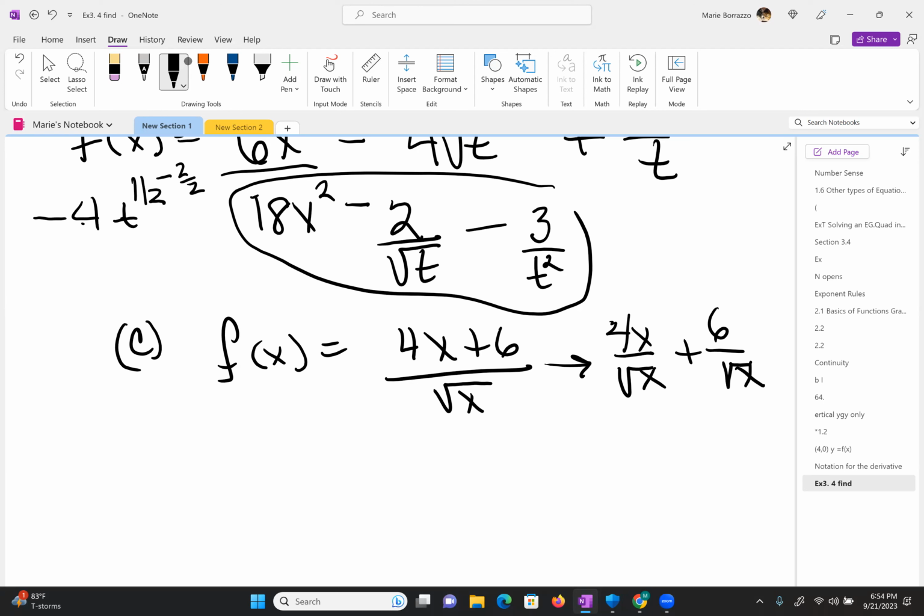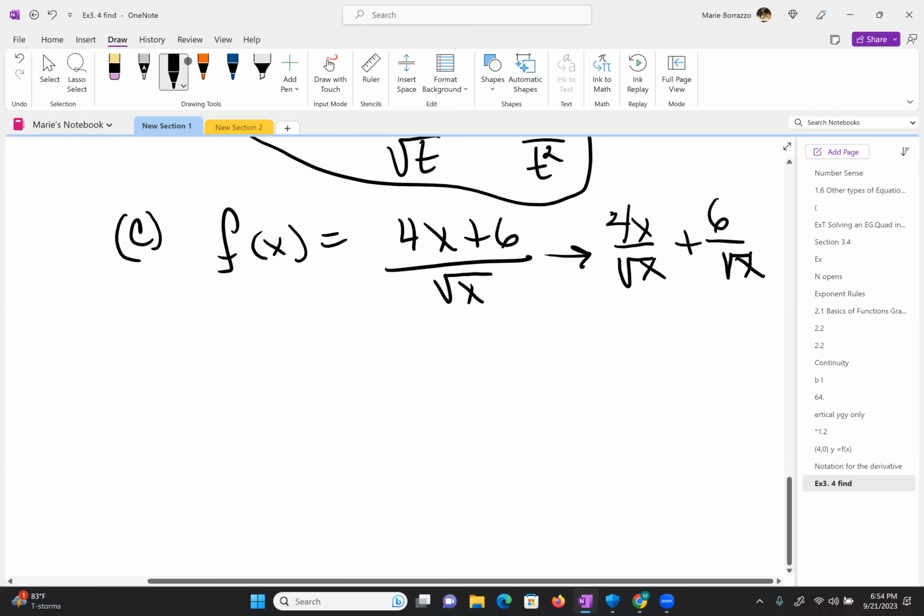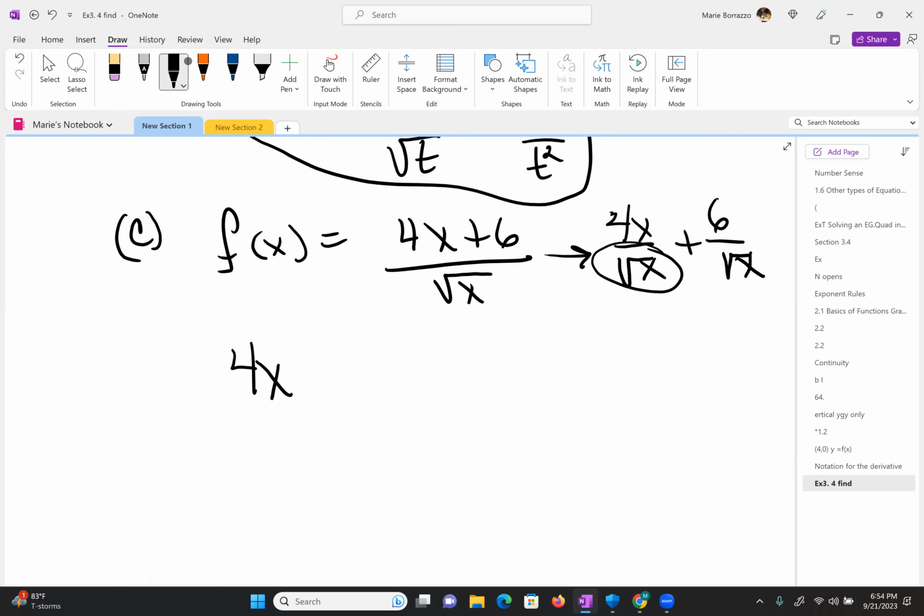Now I go through the whole process I've shown you before. Since I have 4x, I'm going to raise the bottom, so this is really times x to the negative 1/2, plus 6 times x to the negative 1/2.